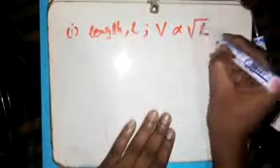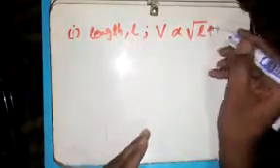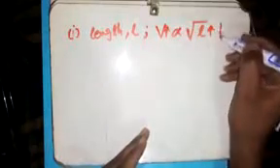In such a way that the speed, which is velocity, is directly proportional to the square root of L. That means if the length of the string increases, the speed increases too. If the length decreases, the speed decreases too. That is the meaning. Second, another factor is mass.